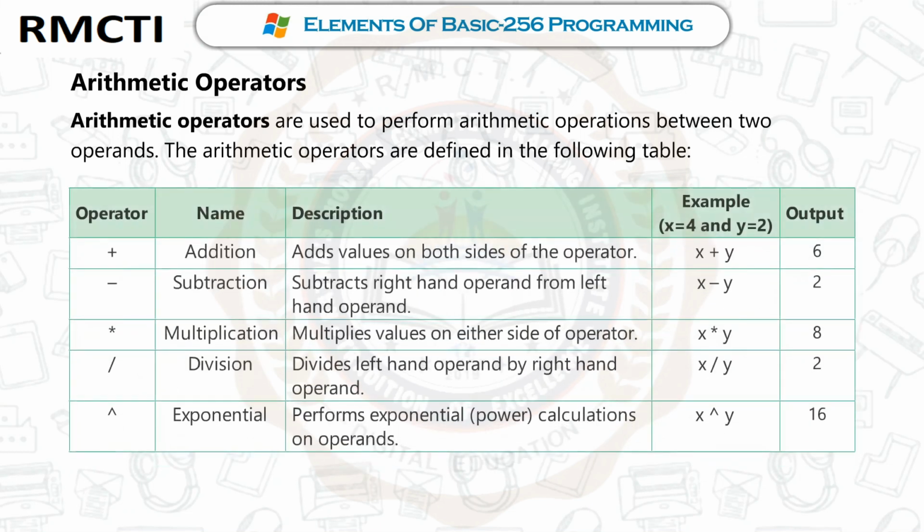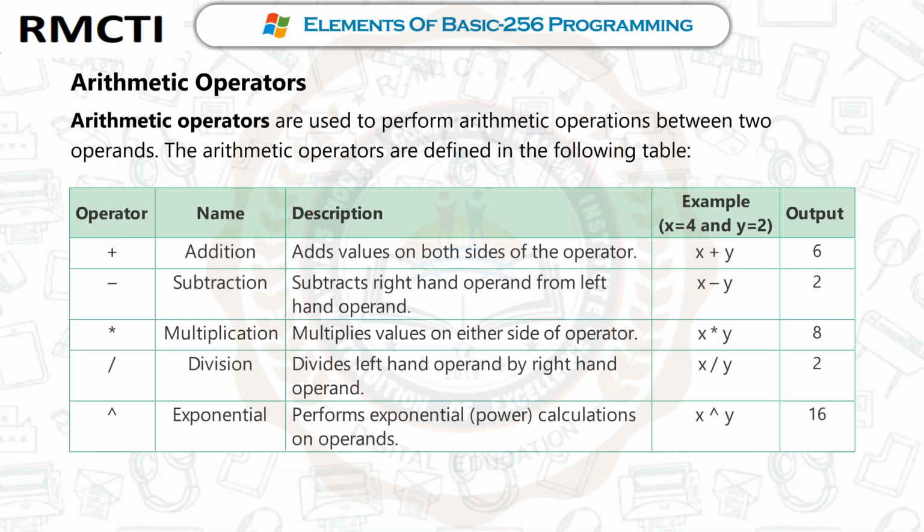Operator, name, description, example: x is equal to 4 and y is equal to 2. Output. Plus, addition, adds values on both sides of the operator. x plus y, 6.